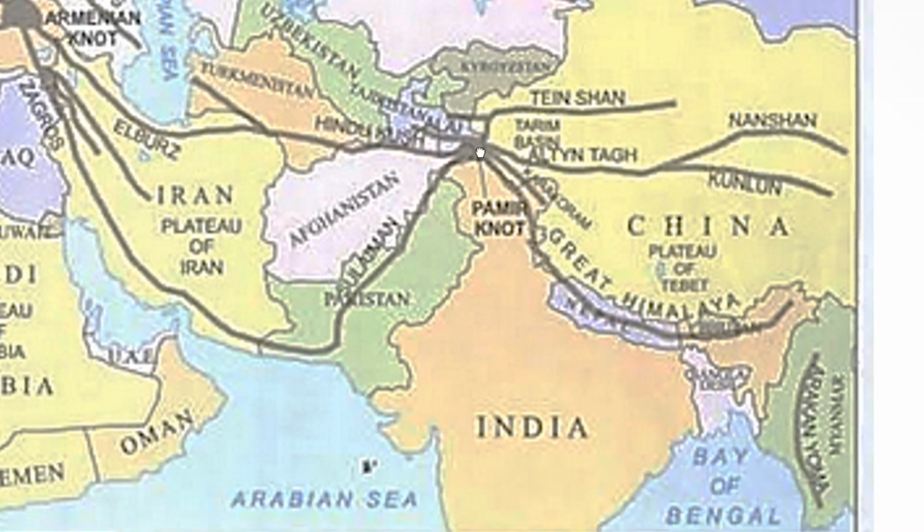Now this Pamir knot is a very high region. The mighty Himalayas are found to be radiating from this region, covering about 2,500 kilometers in the northern part of India.